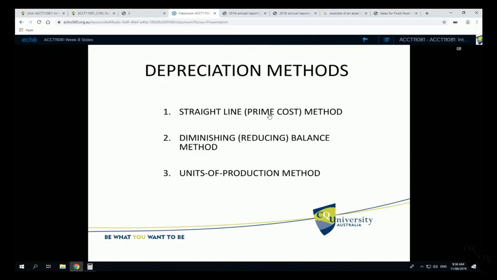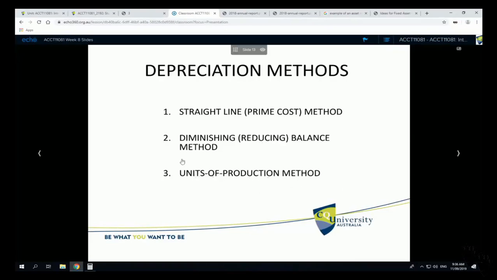One's an accounting method, one's a taxation method. The actual process of how you calculate it is the same. It's just a difference in terminology. Again, diminishing value or reducing balance method, so DV, diminishing value, RV, reducing balance. The concept is the same, just whether it's used in accounting versus taxation.